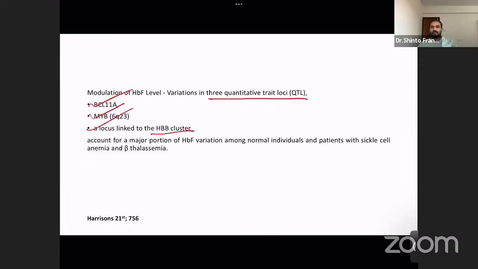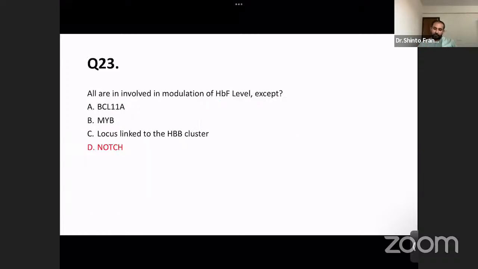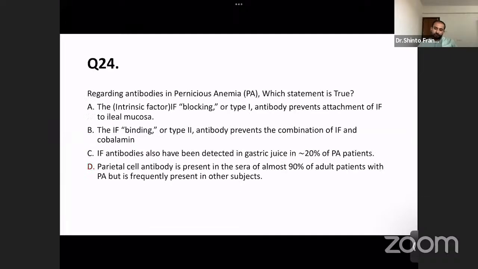And major variation, because depending upon the HbF percentage, the outcome or phenotype of the various sickle cell and beta thalassemia can change, because HbF, hereditary persistence of fetal hemoglobin, dilutes most of the sickling crisis in sickle cell anemia. So the basic idea of hydroxyurea and all is to induce HbF so that the fetal hemoglobin is more, so that there is some amount of dilution. Okay, and so here the odd one out is Notch.